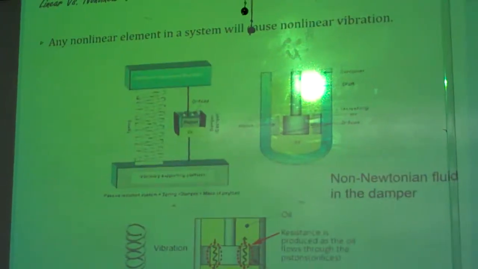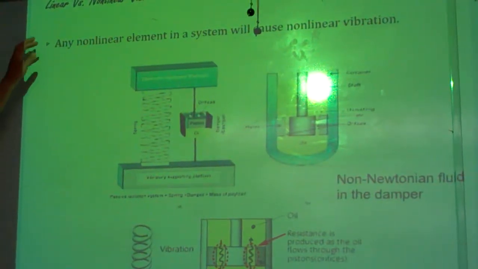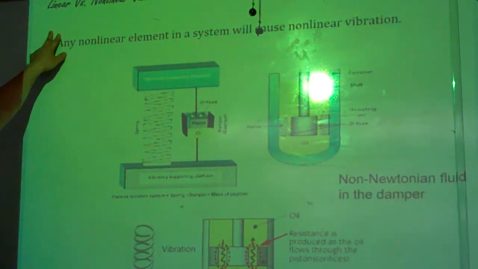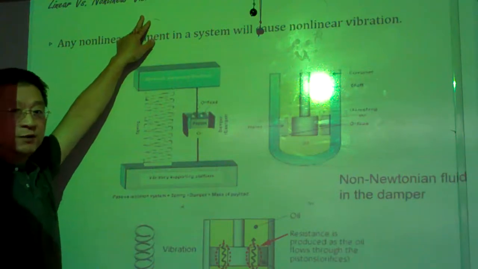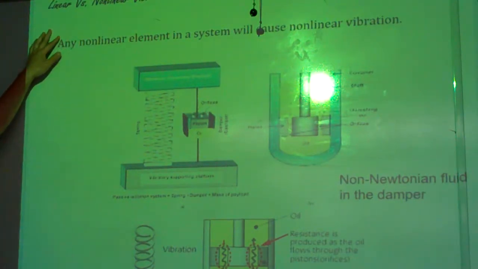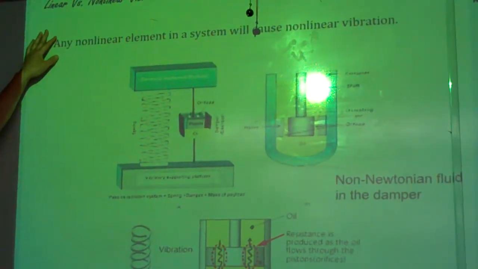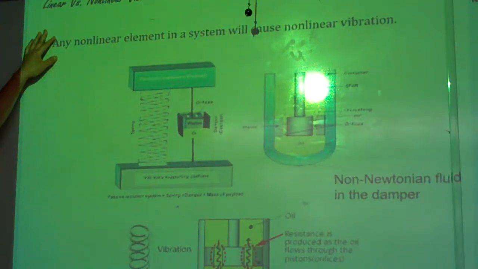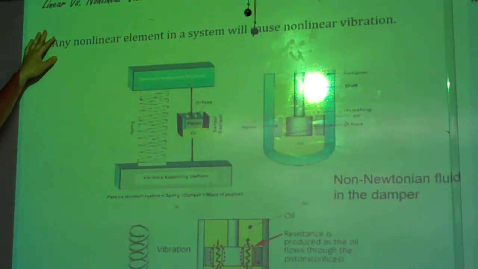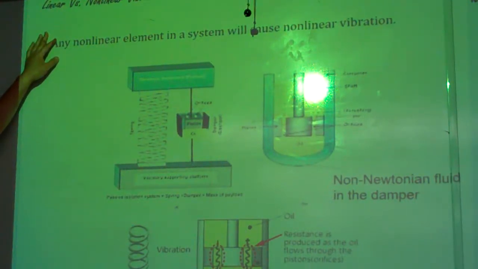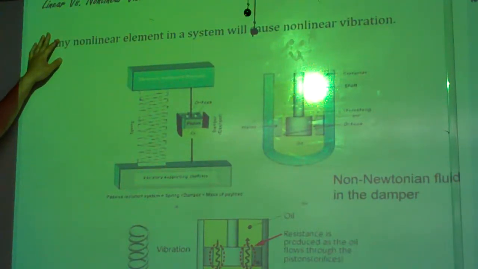Sorry, let me skip this page a little bit more. I'll be back. So another is linear versus nonlinear vibrations. Linear means once we formulate the mathematical description, that equation is a linear equation. So we're going to deal with only linear ordinary differential equations. Everything nonlinear, we won't touch.